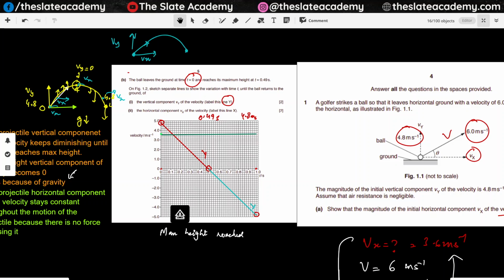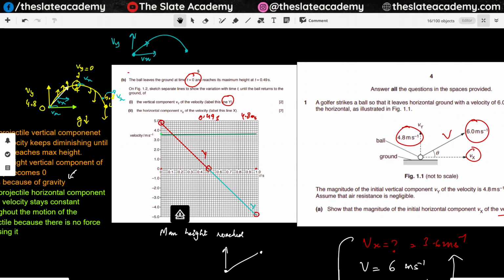So what we will say is, this is the body, this is the initial kick given, and here it reaches the maximum height, right? And along this projectile, we know that Vx isn't changing. So let's consider the vertical velocity only.